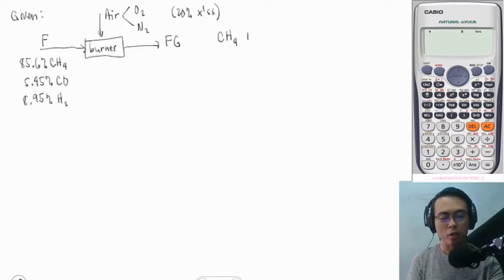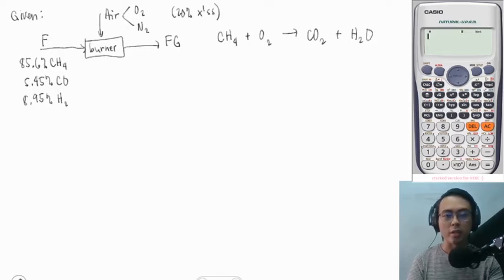If we add that with oxygen, we will get carbon dioxide and water. And you need to balance this equation. To balance, we need to multiply water by 2 and oxygen by 2. So we now have a balanced equation for methane. The products here are carbon dioxide and water, so of course in the flue gas you expect to have carbon dioxide and water.